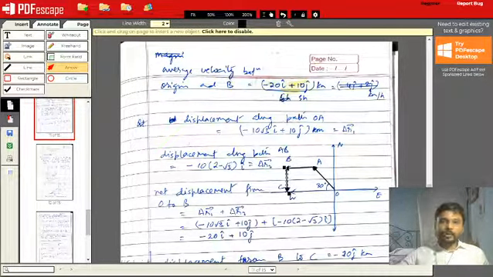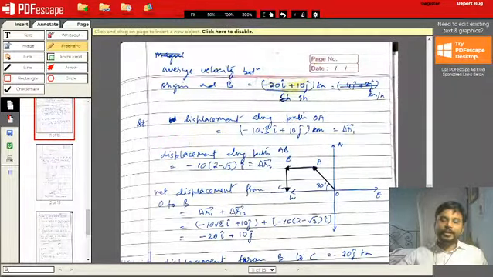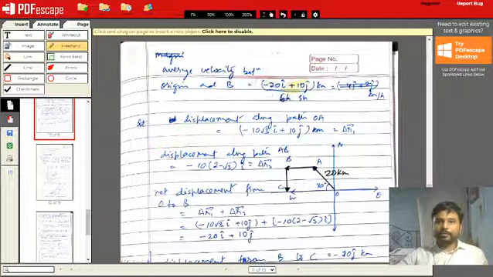To find these vectors, we simply try to write what the displacements are. We know that the distance OA is 20 kilometers, and we have to write the vector.